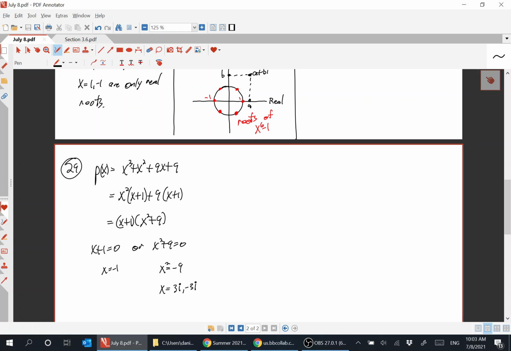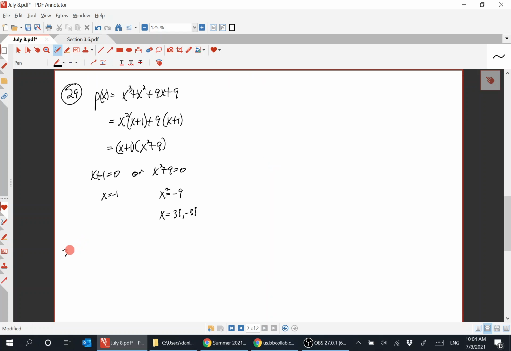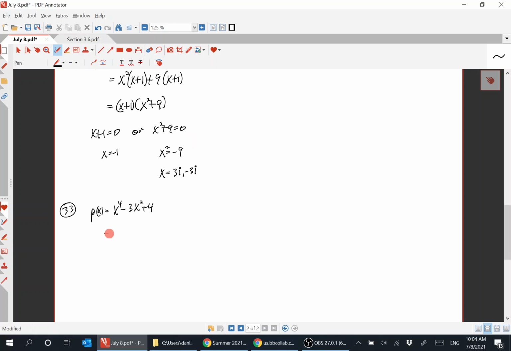33. So p of x is x to the fourth plus 3x squared minus 4. So factor completely and find the roots or the zeros.